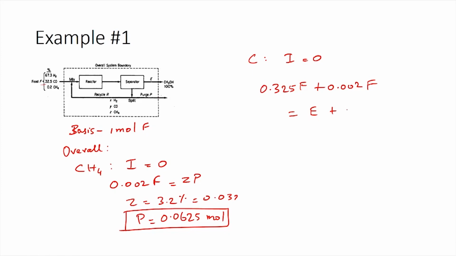So that would be Y times P plus Z times P, which is 0.032 times P.